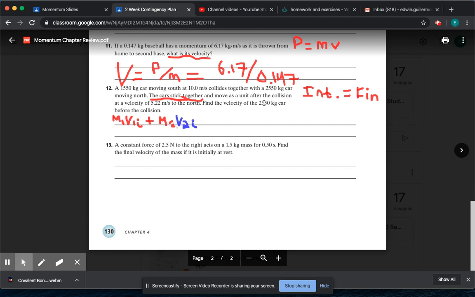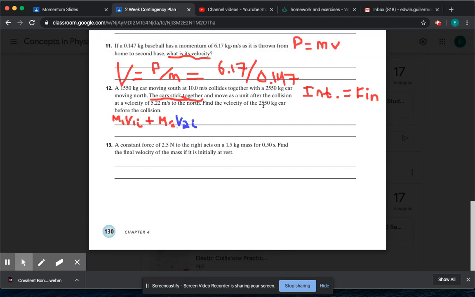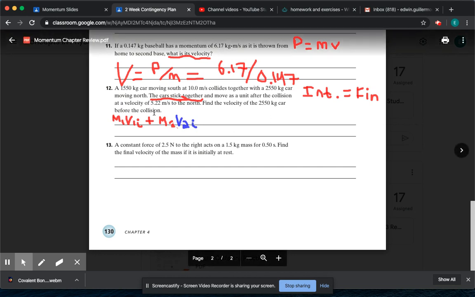It says find the velocity of the 2,550 kilogram car before the collision. So we are looking for V2I. Okay. This has to equal, after the collision, it says the cars stick together. If the cars stick together, that means the new mass, or M3, is going to be the sum of both.